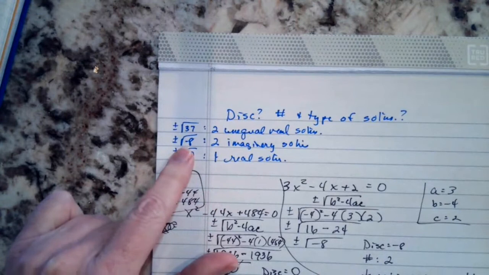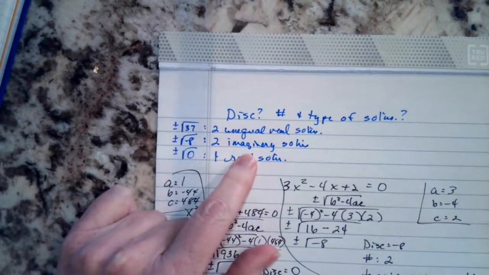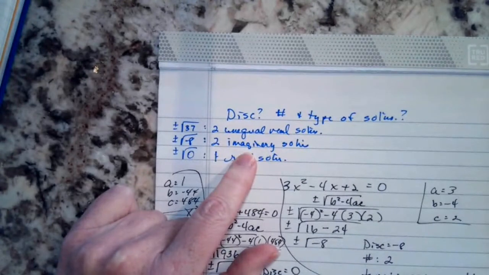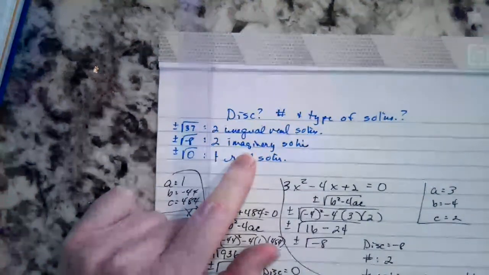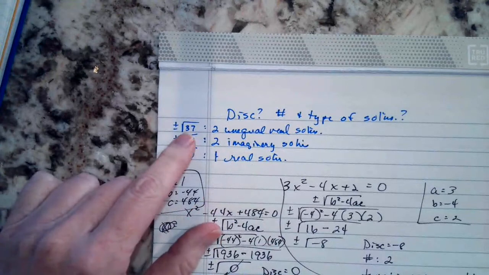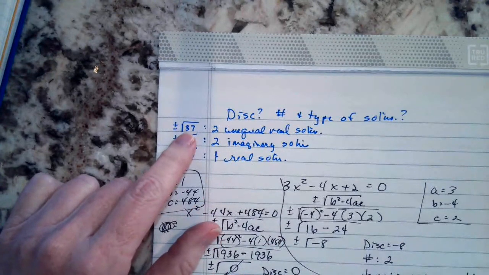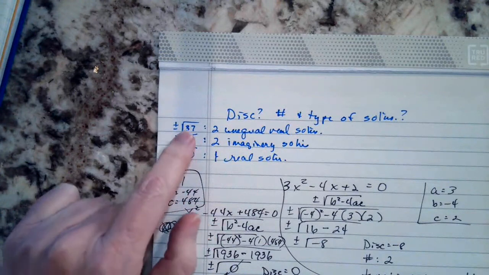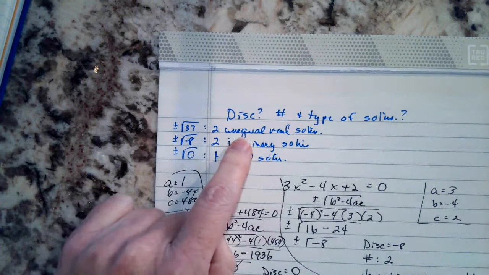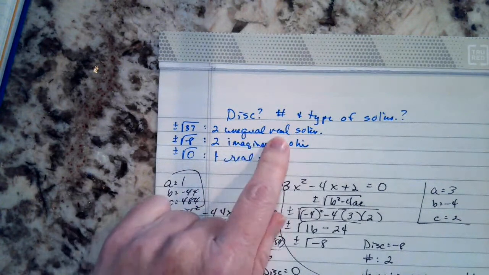If you get a negative number under there, you're going to get two unuseful numbers. I'll show you what that looks like really soon. Next week we'll look at that because we'll end up with a parabola that won't cross the x-axis. And then if you get anything other than a 0 or a negative number, you're going to end up with two answers, and they will not be equal to each other, and they will be real.